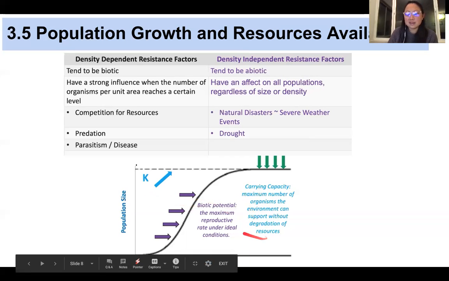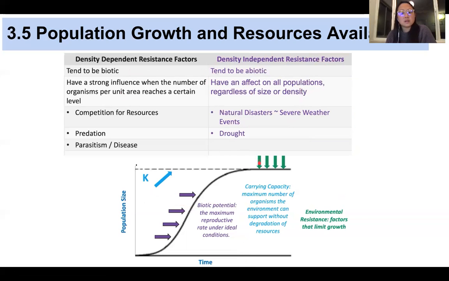We already know that. And then the other thing is environmental resistance. This is what they're talking about here. What are the things that cause this carrying capacity to be capped? Are they density dependent or density independent factors that cause the carrying capacity to be capped here?